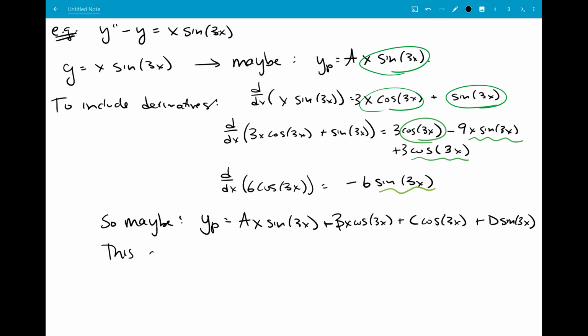And this doesn't overlap with solutions to the ODE.